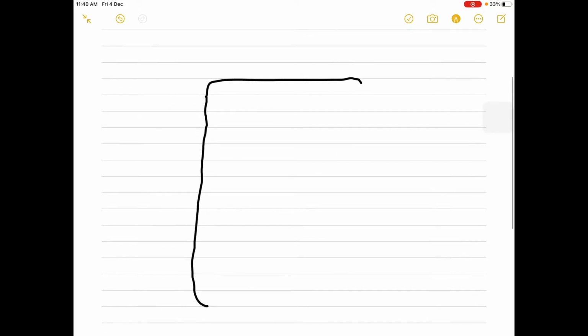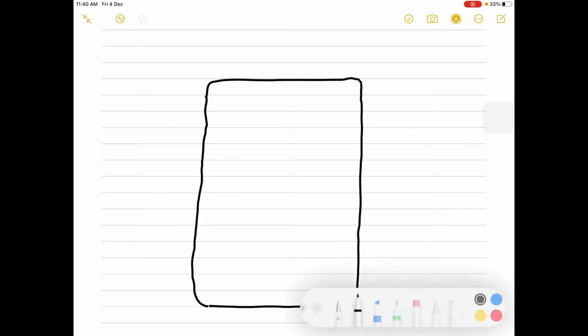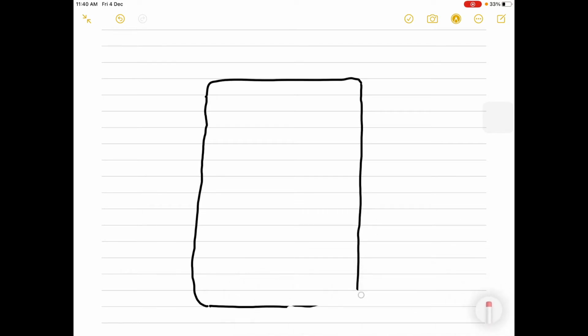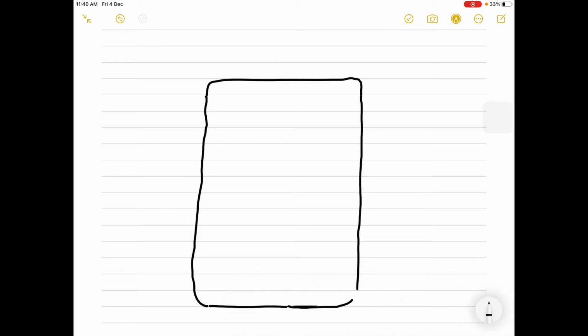Again, I am saying that I always use a rough line, and you can use the ruler also. Make an outline of your animal cell first, and give it a little bit proper shape, right?